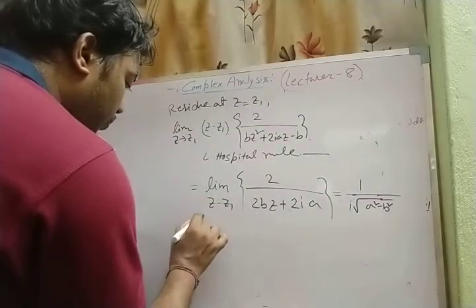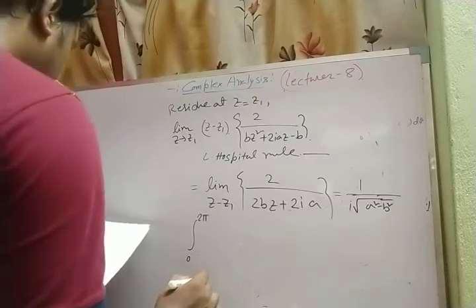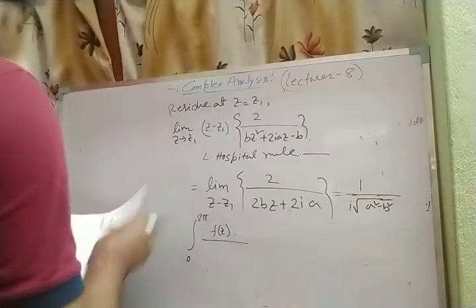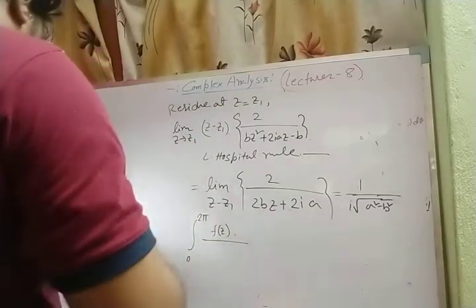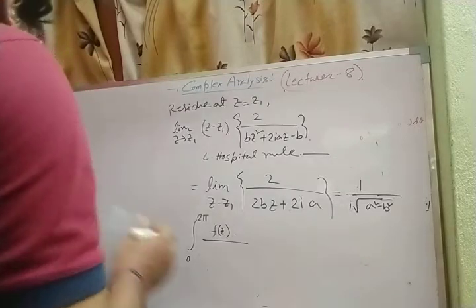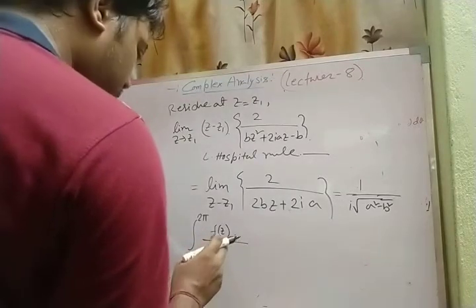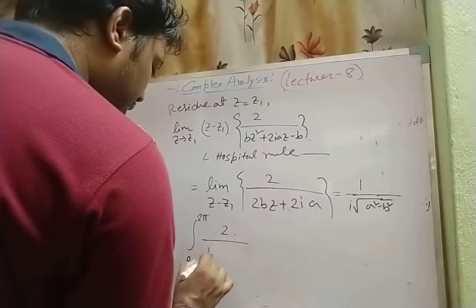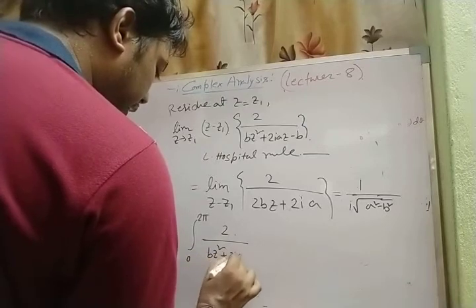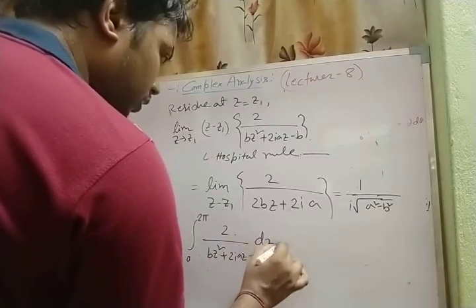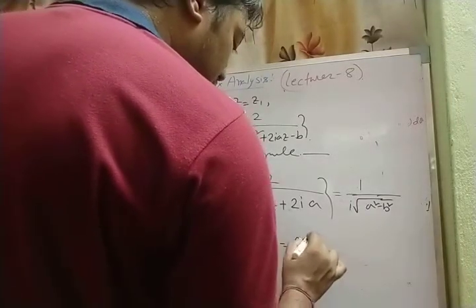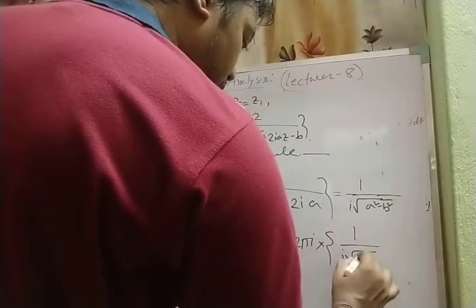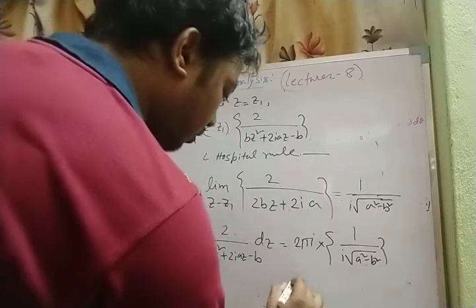Therefore, the integration 0 to 2 pi of f of z, that is 2 by bz square plus twice iaz minus b dz, equals 2 pi i into 1 by i root over of a square minus b square.